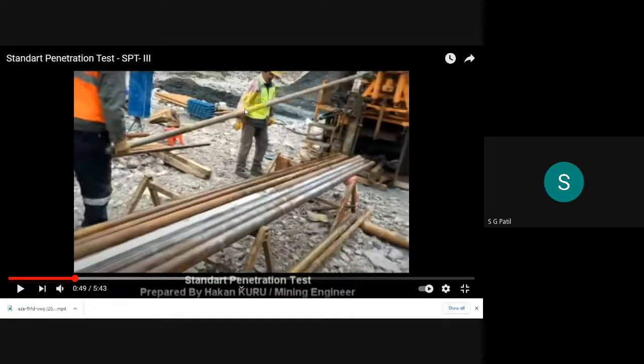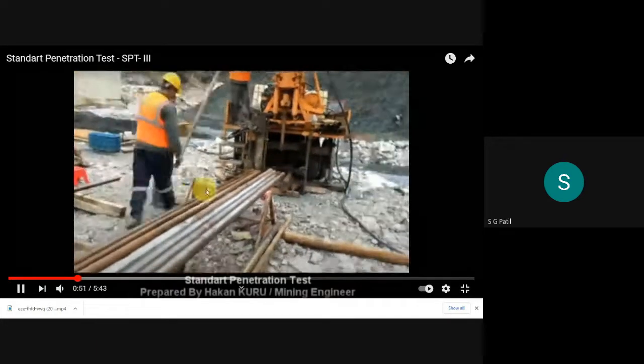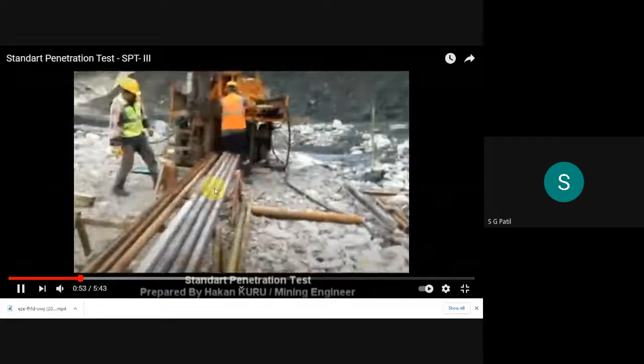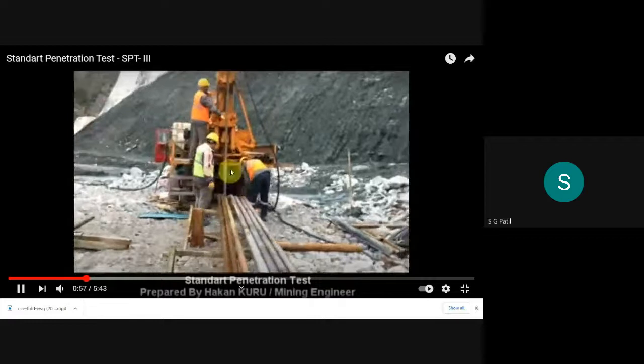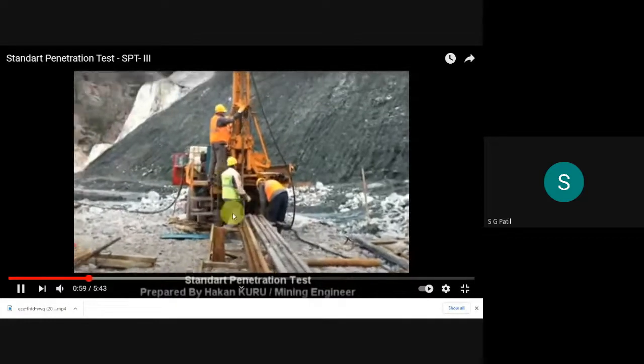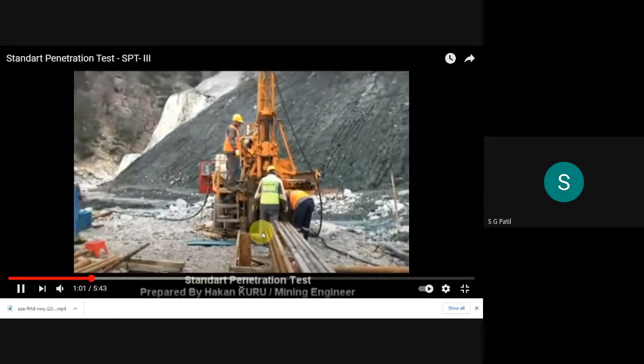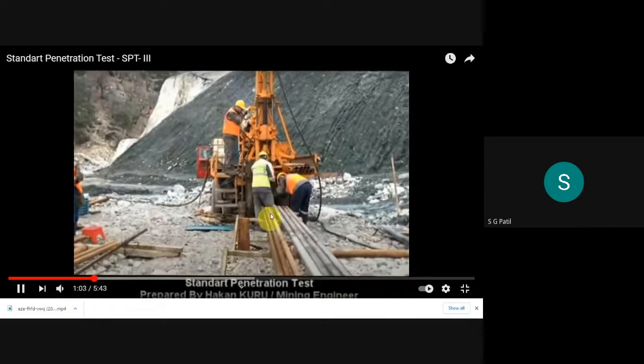From here, it is a drill rod, and to this drill rod they are attaching the split spoon sampler. So now they are inserting the drill rod as well as the split spoon sampler inside the borehole.